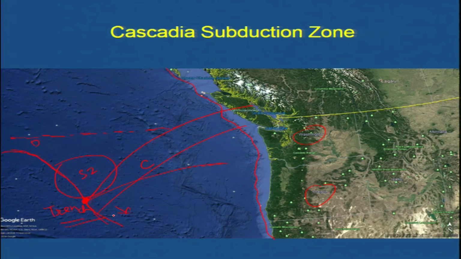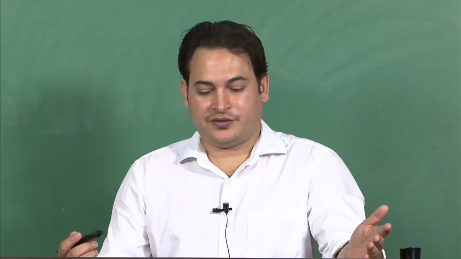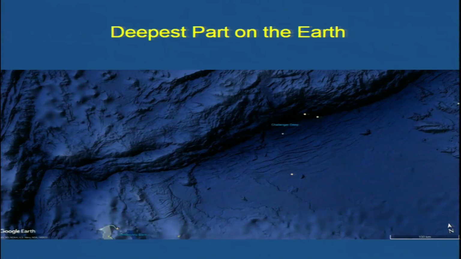The Mariana Trench in the world is the deepest part on the earth's surface. Here you can see this is the Challenger Deep, and it is the deepest part of the earth, and the highest part, as you know, is Mount Everest on the surface of the earth.